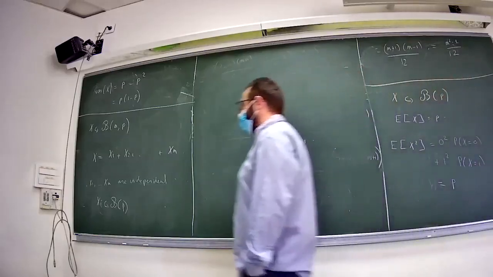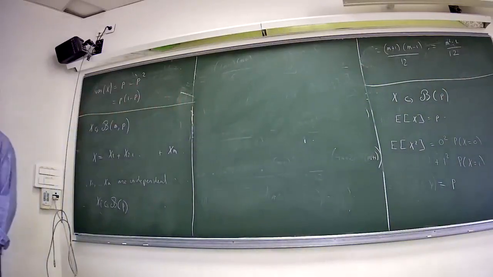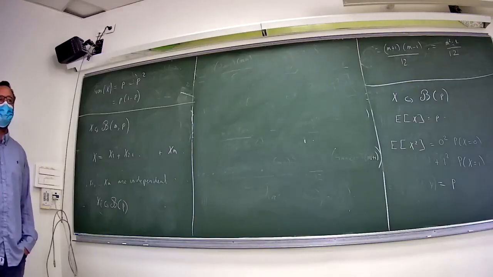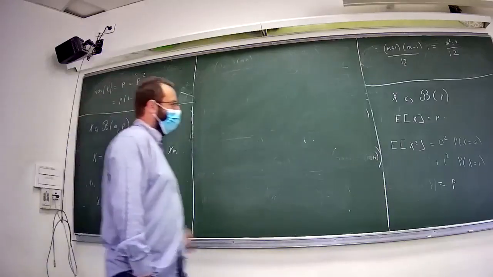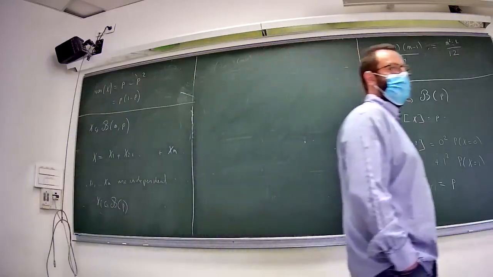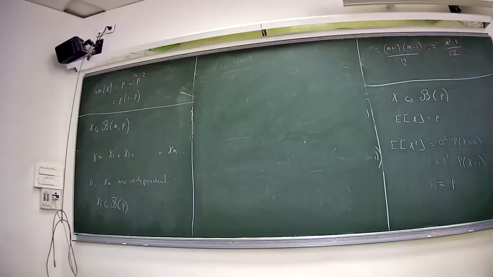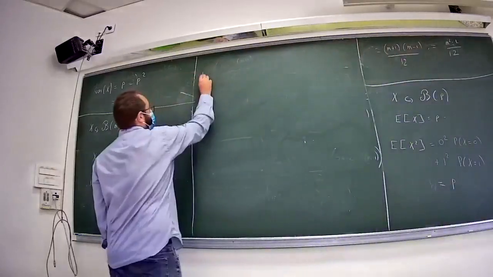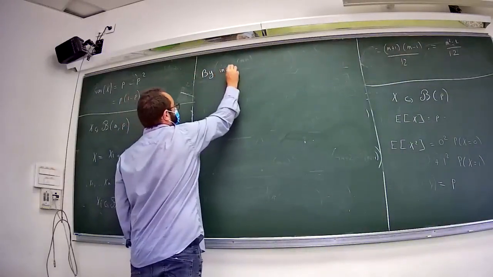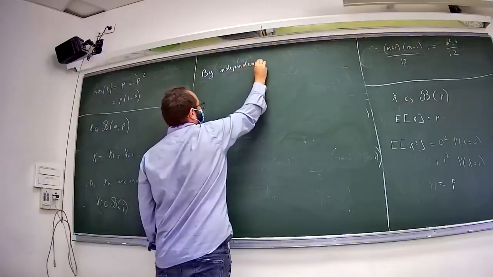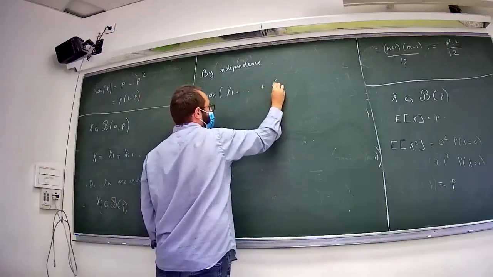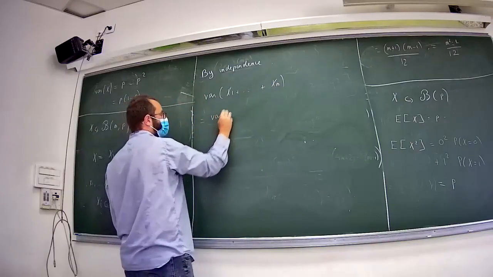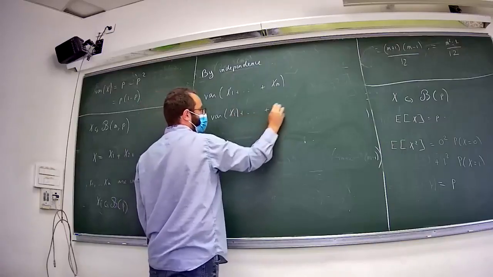And now, what can I use if I am in this situation in order to compute very quickly? Well, the consequence of proposition 10 we have seen just before the break: if I have the variance of a sum of independent random variables, by independence the variance of the sum is the sum of the variances.